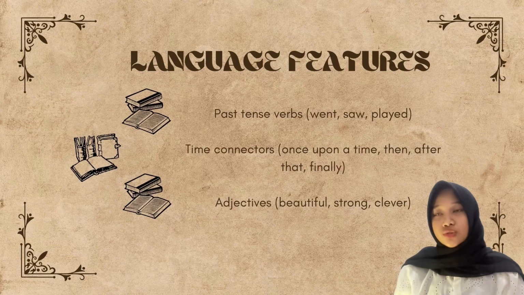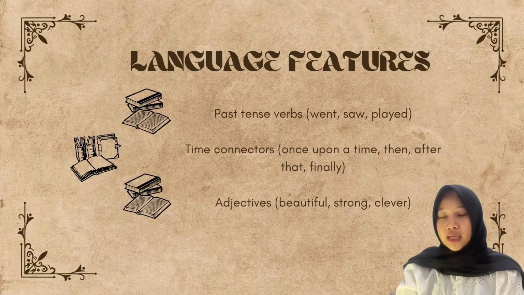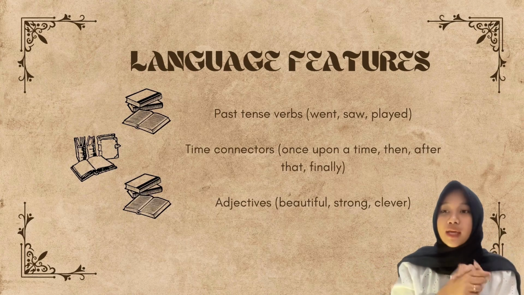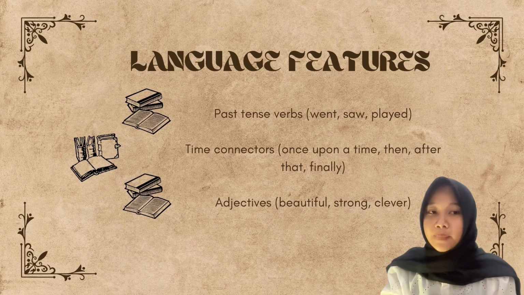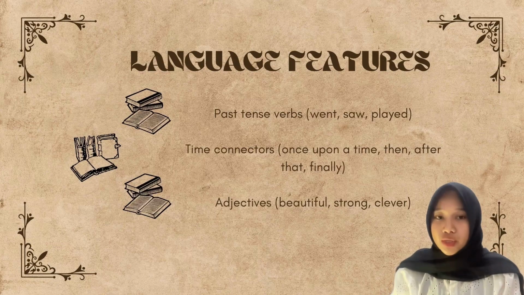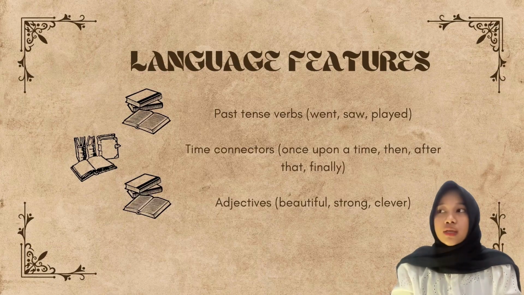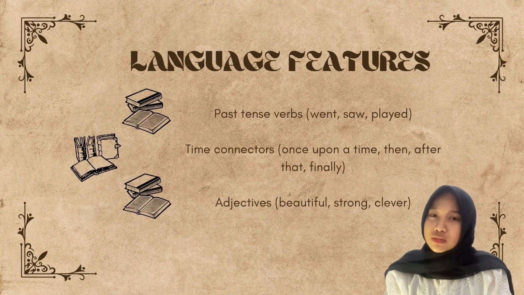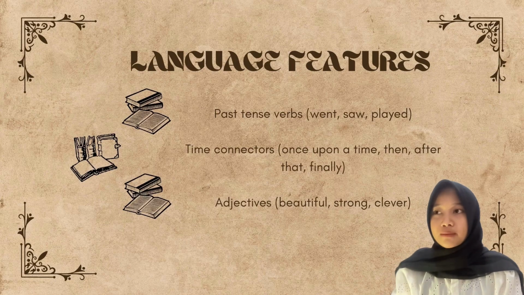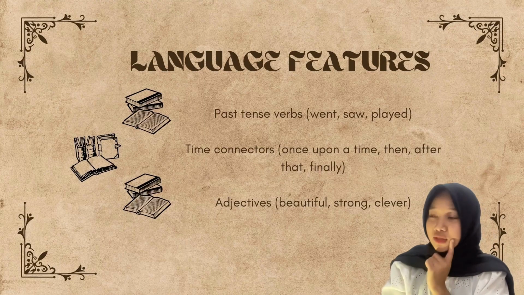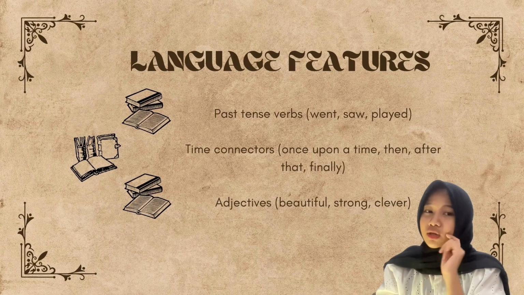They also use connectors like once upon a time, then, after that, and finally. And to make the story more interesting, we often use adjectives like beautiful, gorgeous, clever, or strong.